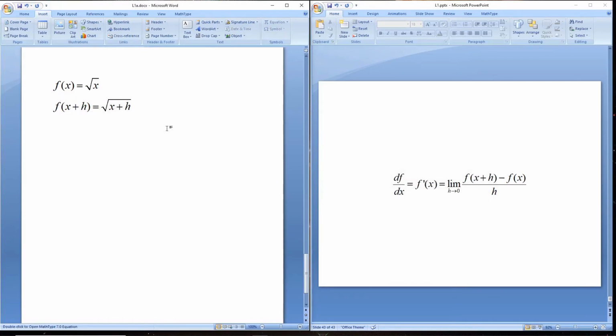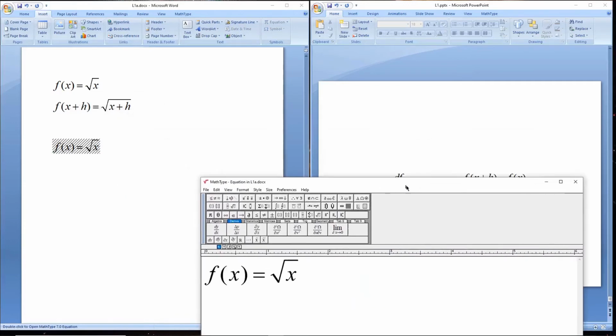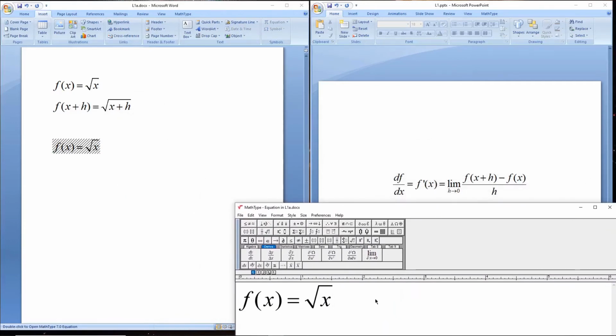Now that we have that information, we can plug it into the limit over here. We have f of x plus h, which we just figured out is the square root of x plus h.